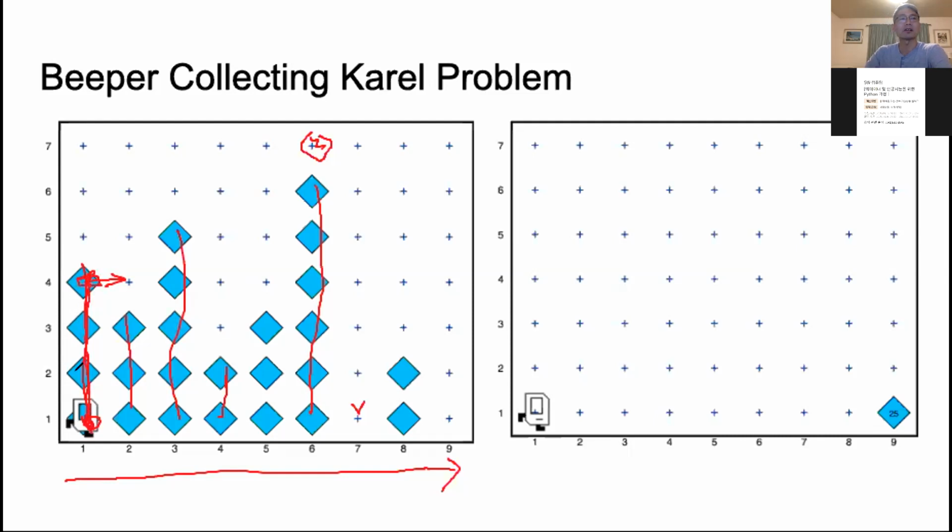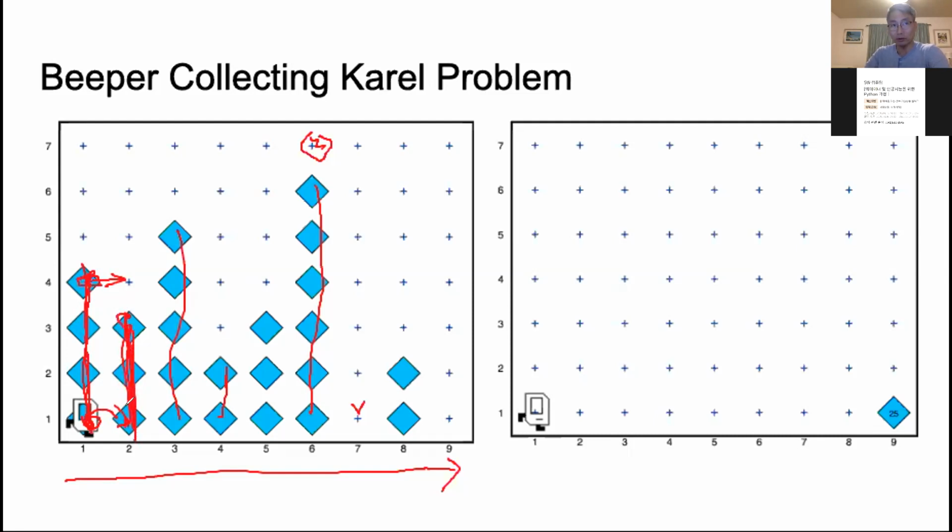Then the first column is collected. Then move on to the second column, second avenue. Then if there is a beeper, pick all the beepers along the avenue. Then here, turn around and move down.